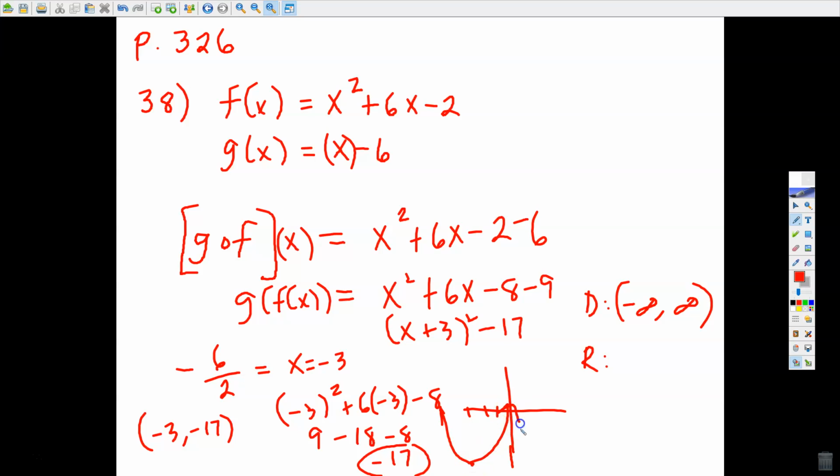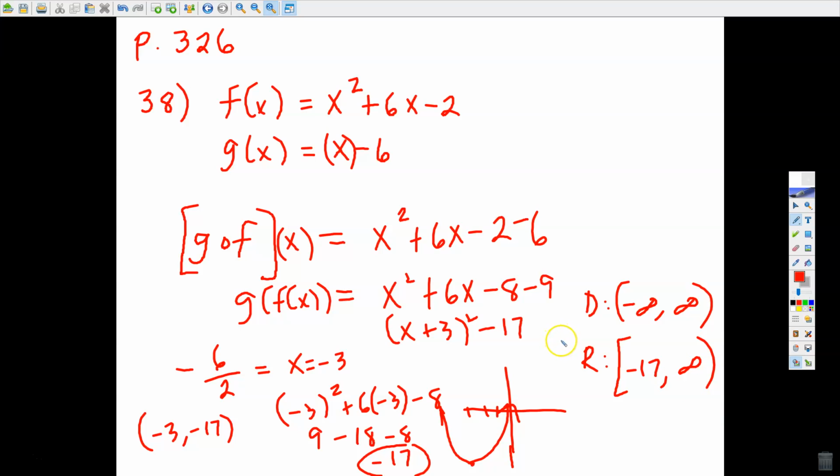So all the numbers greater than or equal to negative 17 will be the range. We can state the range like this: negative 17, since it's greater than or equal to, going to positive infinity.